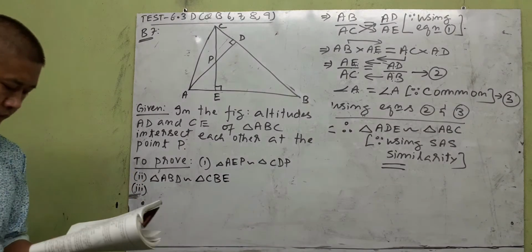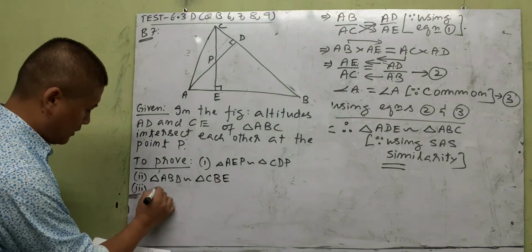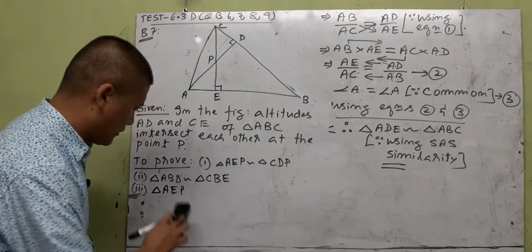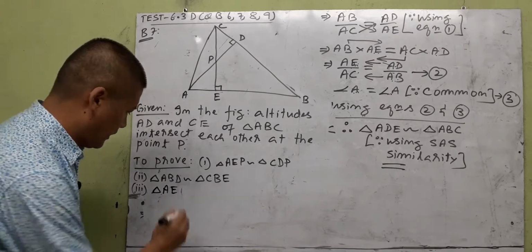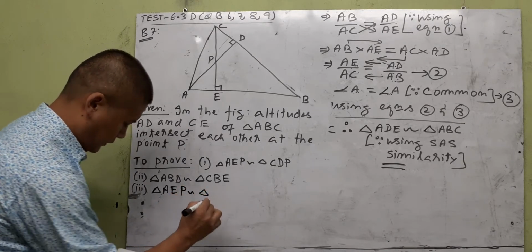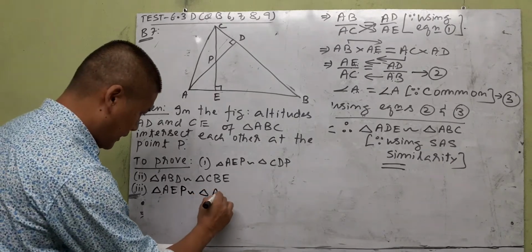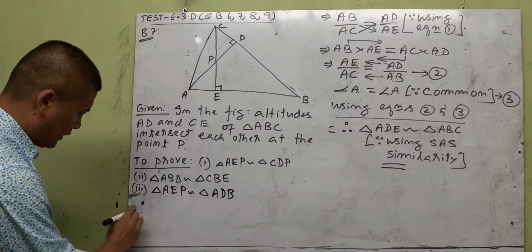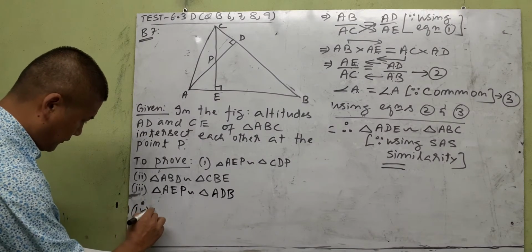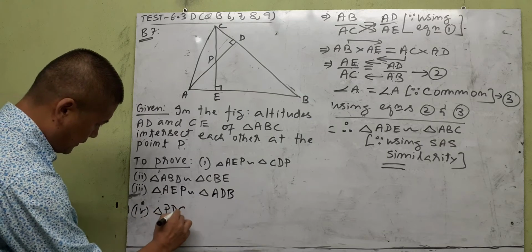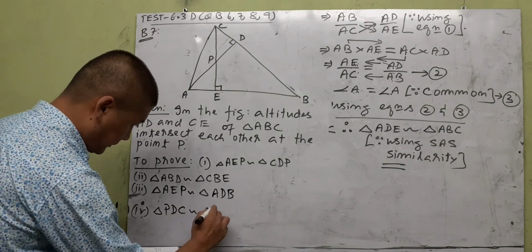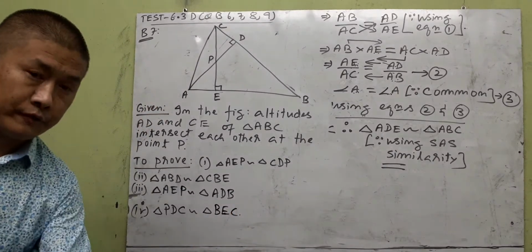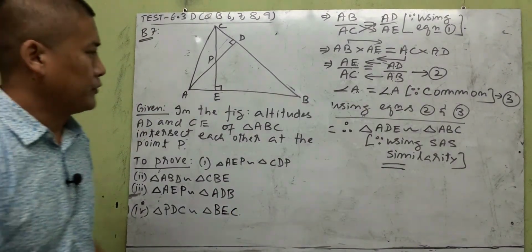The third one, triangle AEP similar to triangle ADB. And the fourth one here, we have to prove triangle PDC similar to triangle. So these four things we have to prove. Let us start the proof one by one.